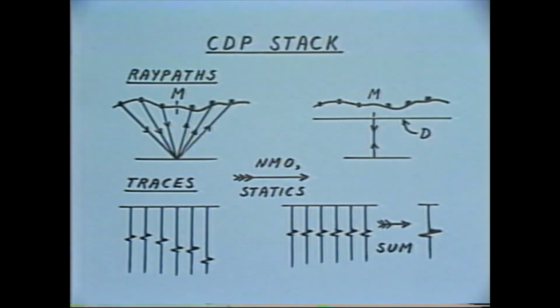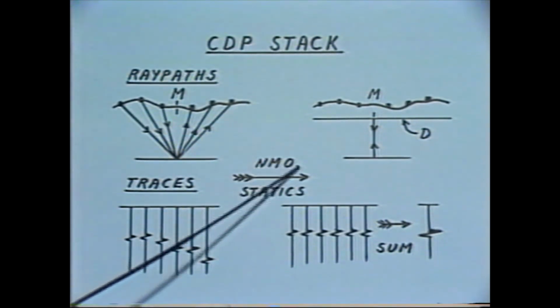So we've started off with a set of common depth point traces with a series of different travel paths, such as this, from the surface to a reflector, which would give us a series of traces looking perhaps something like this, with the reflection event falling approximately on a normal move-out curve, but each individual reflection perhaps being slightly off that curve because of the static effects.